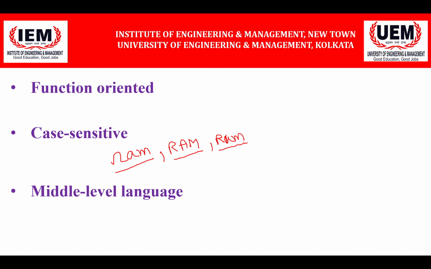Next, why is C called a middle level programming language? Because it combines the features of both high level and low level programming languages. Now, what are high level features? High level means human friendly. You know that C supports structured programming.